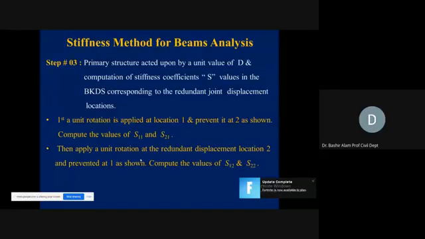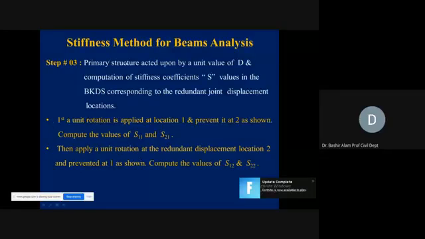There we were applying the unit action corresponding to the redundant action. And here we will be applying a unit displacement corresponding to the displaceable joint, which is our degree of freedom.